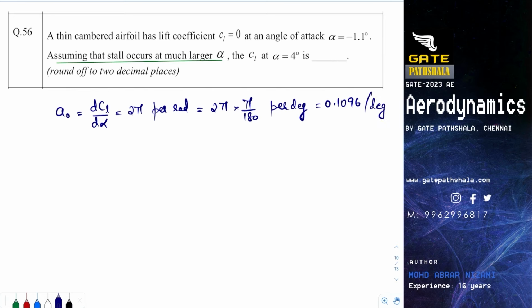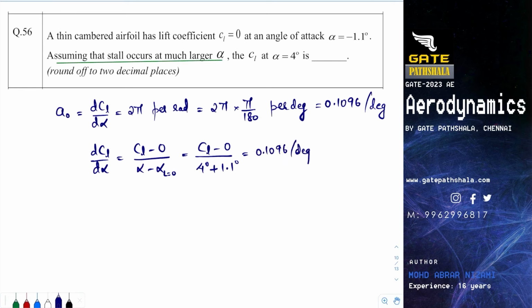So you can equate this value: dCl by d alpha can be written as Cl minus 0 by alpha minus alpha at L equals 0, which is equal to Cl minus 0 by 4 degree minus of minus 1.1 degree, which is equal to 0.1096 per degree.